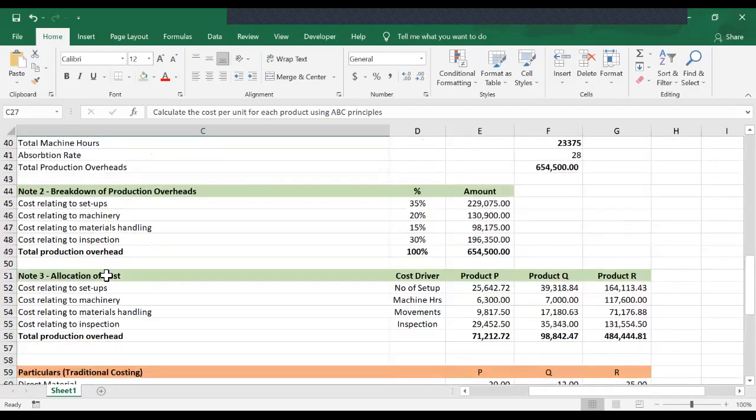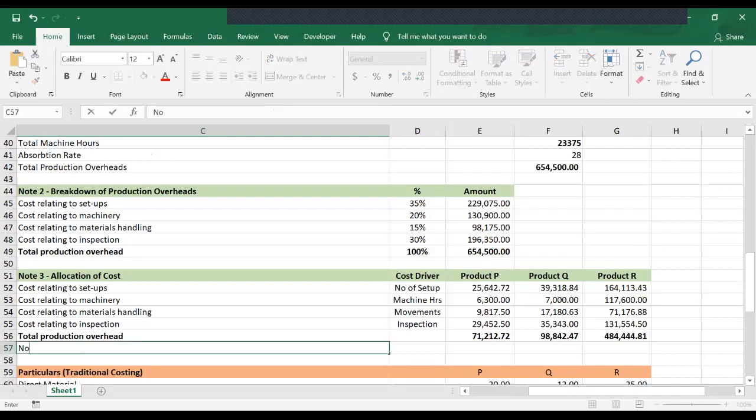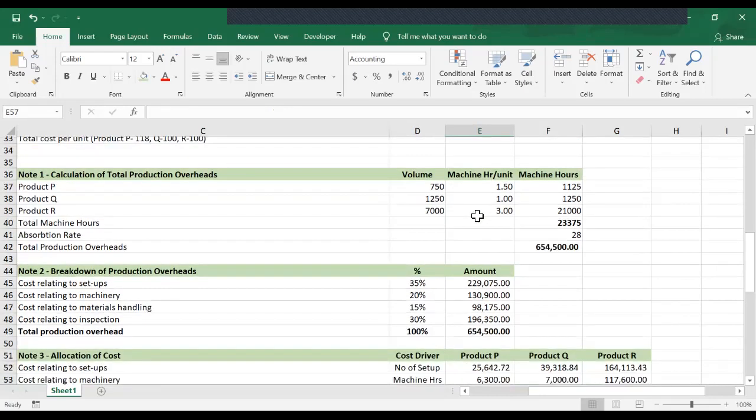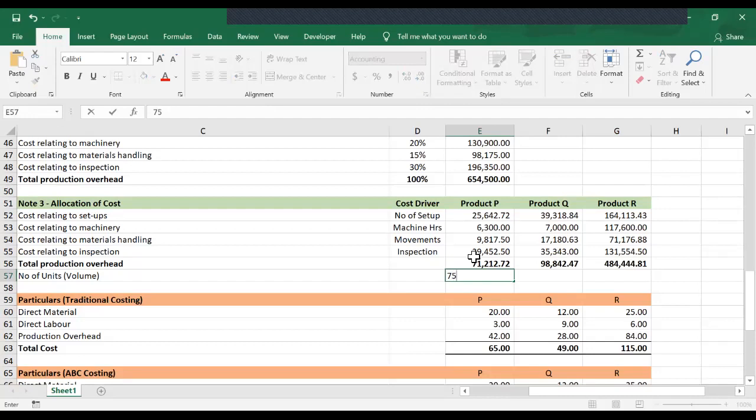The cost we calculated in note number 3 was for product P as a whole, all the units of product P. To calculate per unit, we have to divide by the number of units, or volume. We know these are 750, 1250 and 7,000.